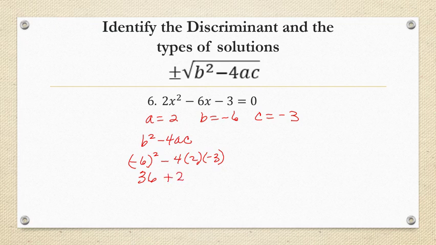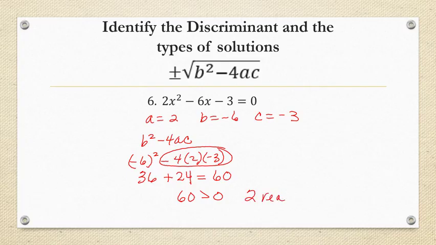And it's a plus 24. Okay? Make sure you put all of this in your calculator, okay? All right, 36 plus 24, guys, is what? 60. 60 is bigger than 0. So how many solutions will we get? 2 real solutions.